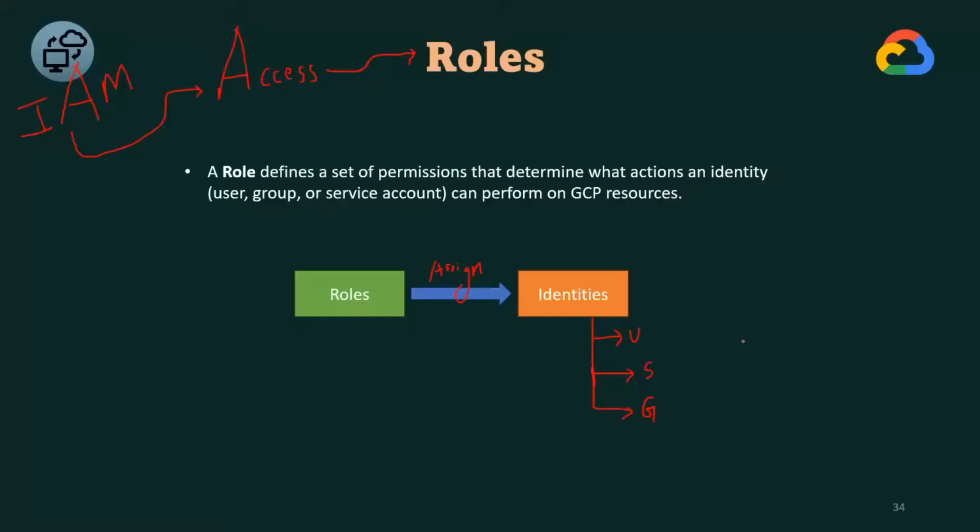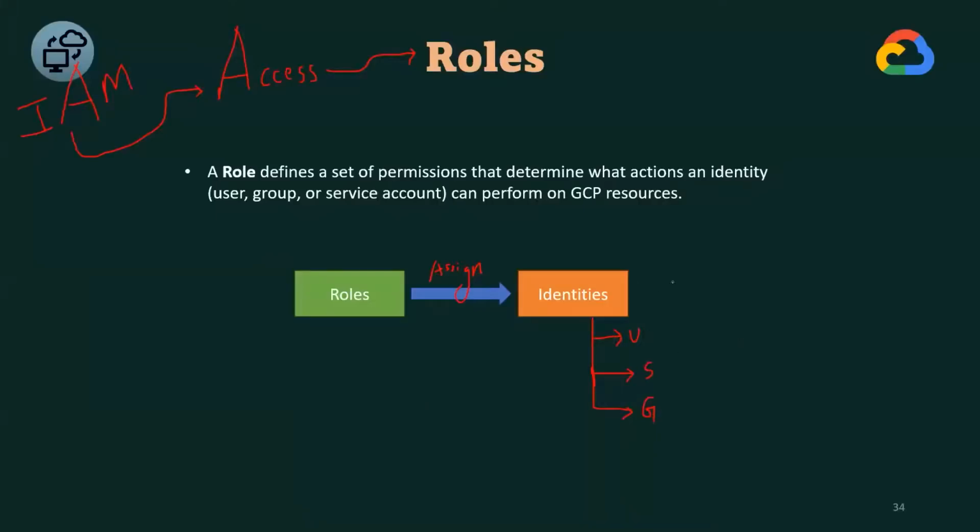But what is a role? A role is a set of permissions allowed that determine the actions that an identity can perform on the GCP resources.